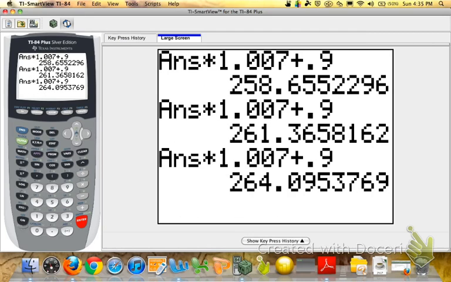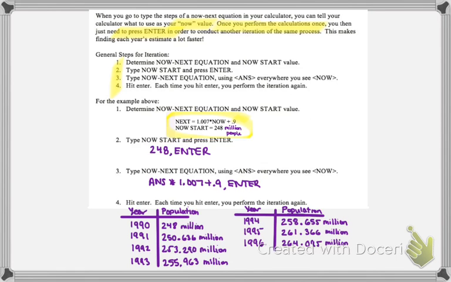And I'll go ahead and copy these down, 261.36, and if I was going to round this, it would round up to a 6, and 264.095. And at this point, I've now predicted the populations up to 1996, which was my goal.